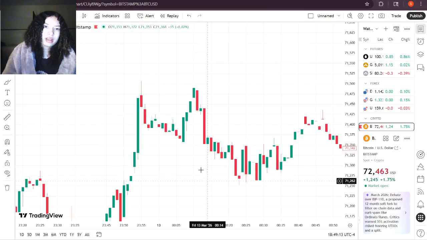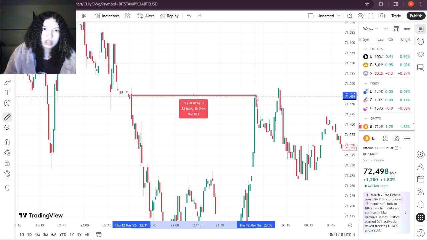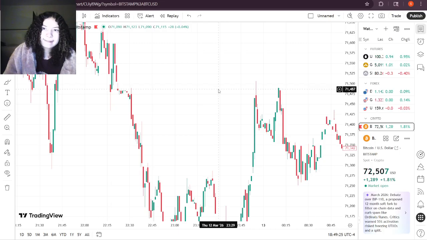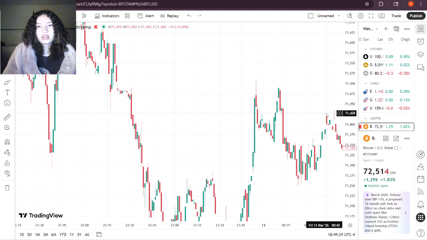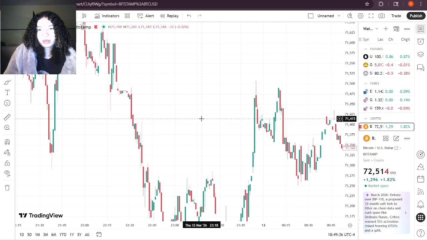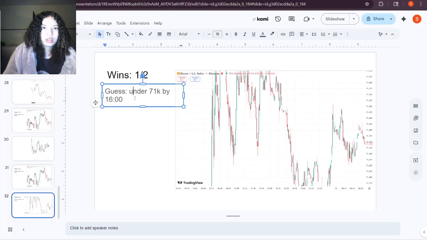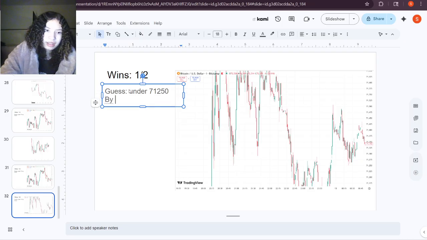But let's measure how long that previous one lasted. This consolidation period lasted an hour and 24 minutes. So we would expect it to go below 250 by the end of 2 is going to be our prediction. Under 71,250 by 2 a.m.